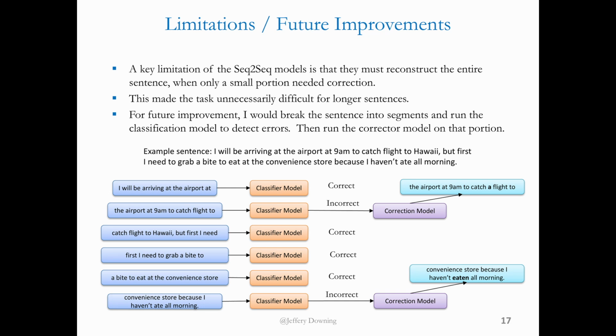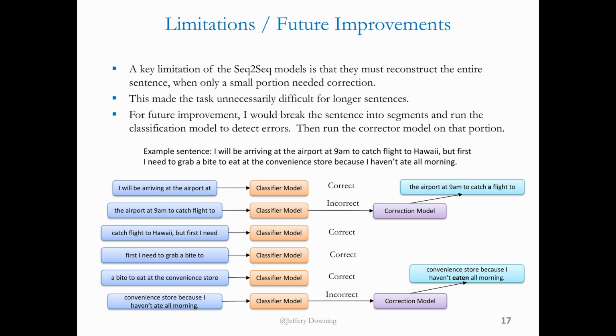That way, we can alleviate some stress on the correction model. At the bottom of the screen, I have a long sentence that I split into different parts. The classifier model detects two areas where there are mistakes, and then we could run the correction model on those and get our fix.